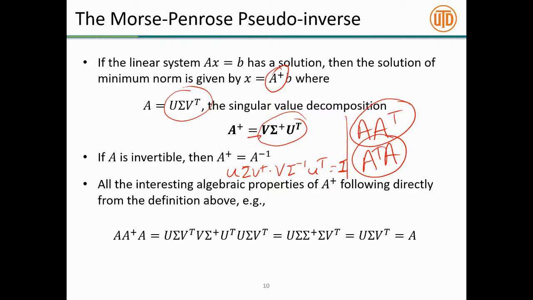If it's not, it's sort of like the inverse just over the range of A, over those things that don't get mapped to 0 under the matrix A. This is essentially what happened when we were solving this linear system: we solved it over the set of vectors that were not sent to 0 under the matrix A, so only things in the span of the eigenvectors whose eigenvalues are not equal to 0.